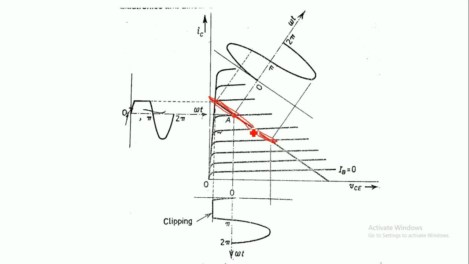But when the operating point enters the saturation region, the positive cycle will be clipped. When it enters the saturation region, there is no output. That is, the positive cycle is clipped. That is nothing but distortion occurring at the output.